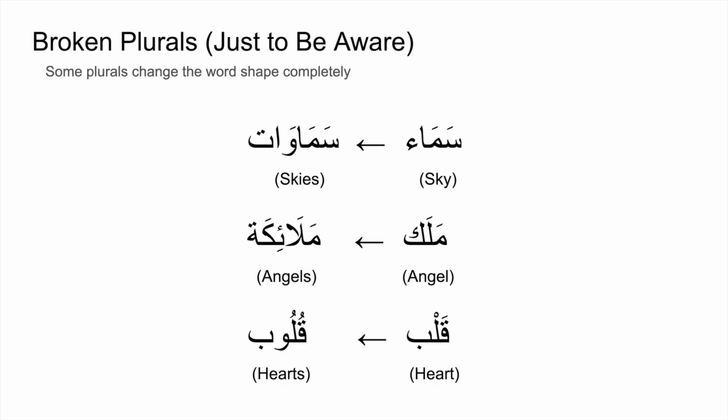You can see that here. One word becomes many by changing its internal pattern. You will see this in the Quran. Do not memorize this. Just know that it exists. Over time, these forms become familiar through repetition.